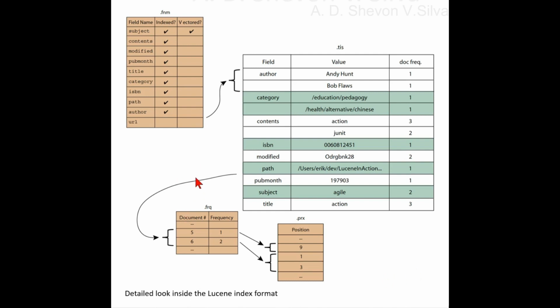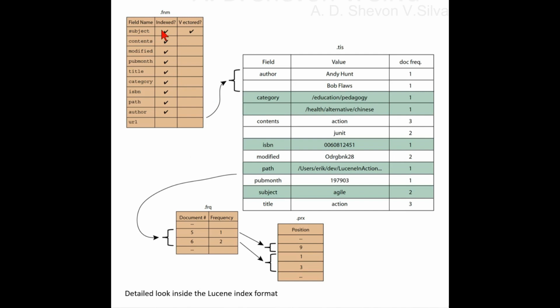Here, field names, .fnm. The .fnm file contains all the field names used by documents in the associated segment. Each field is flagged to indicate options that were used while indexing.